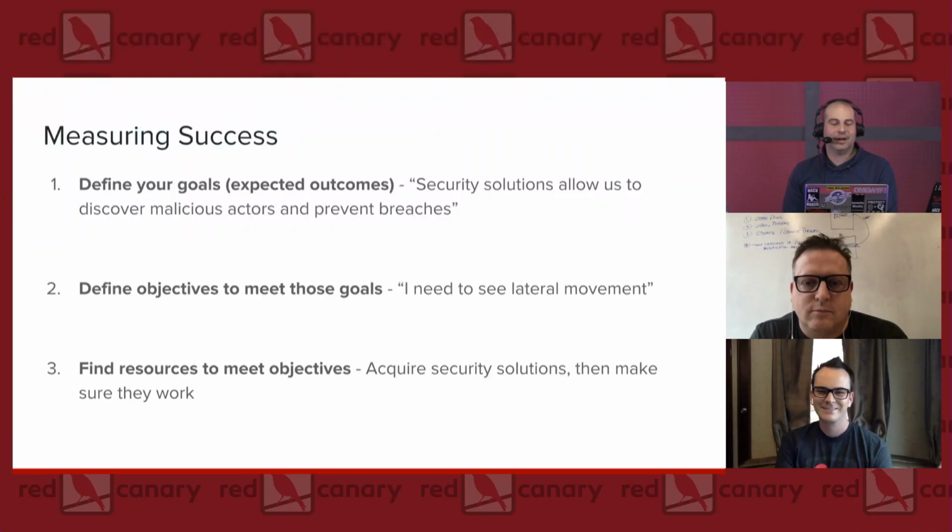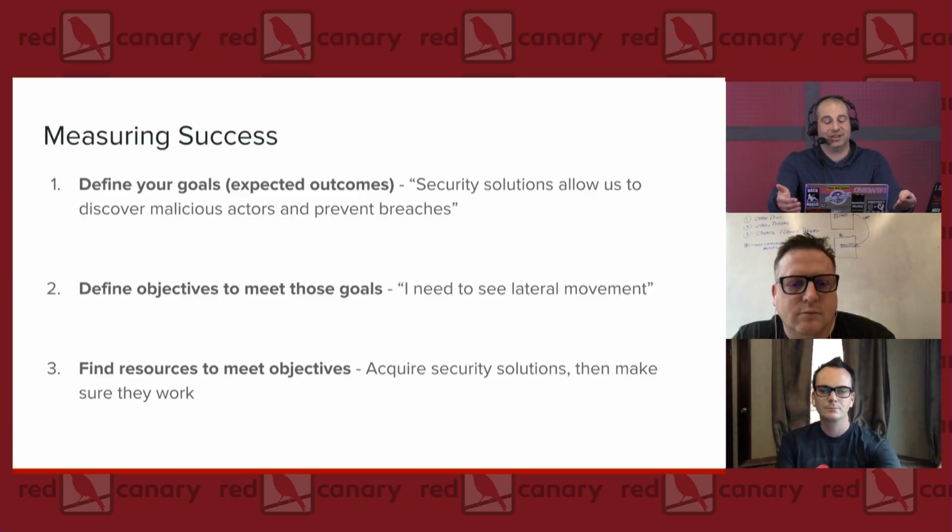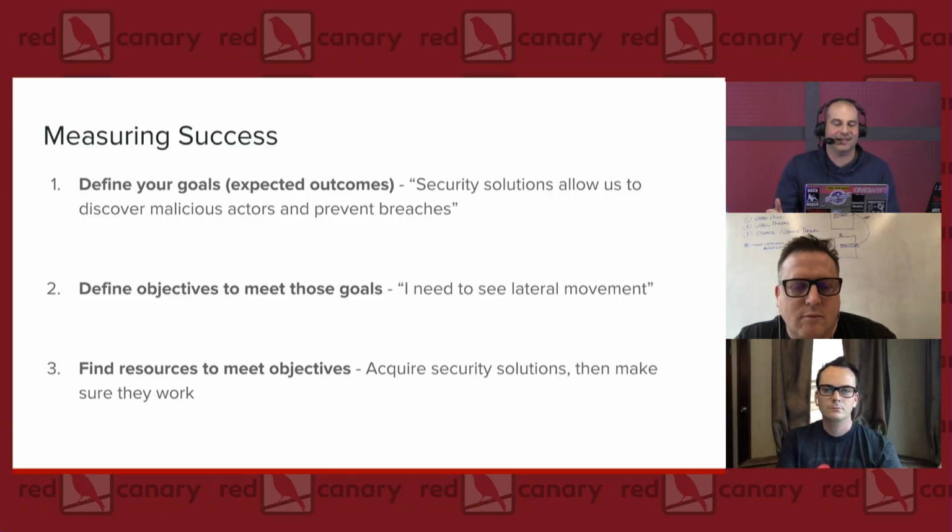Yeah, it's pretty awesome. So measuring success, and I really think this is all about measuring success of your existing security solutions. It's interesting how we measure success of our solution that's testing our other solutions, which makes my head hurt to say. But your expected outcomes should be defined before you start testing your security solutions.